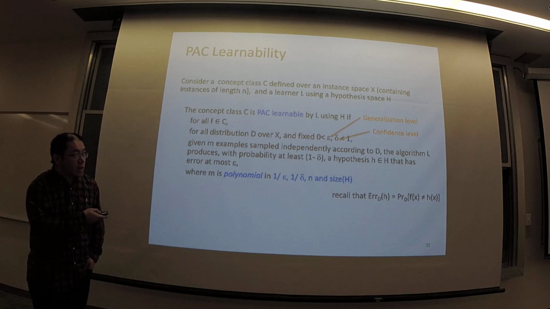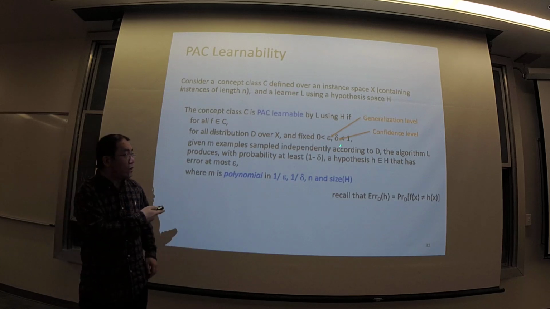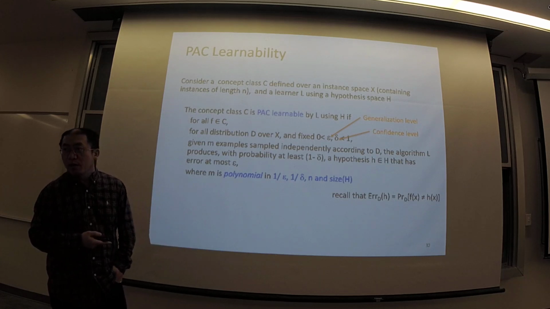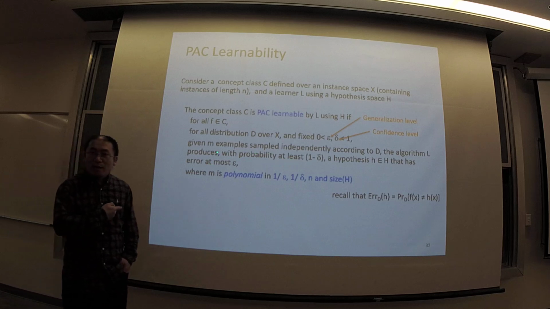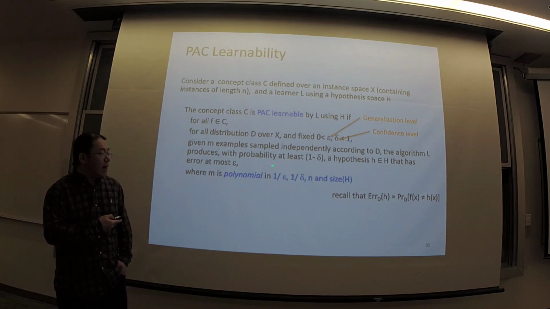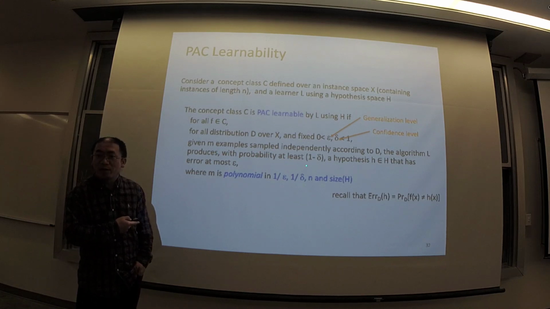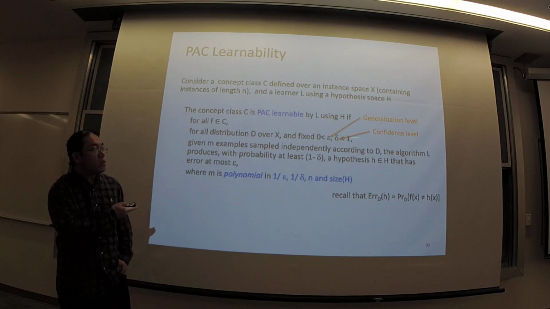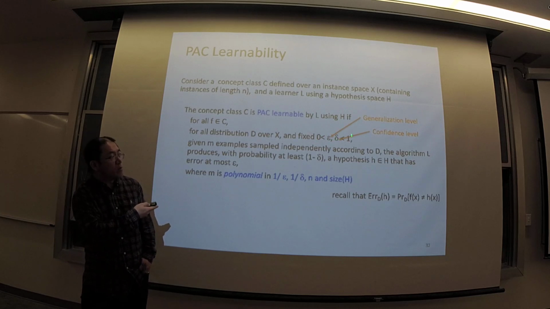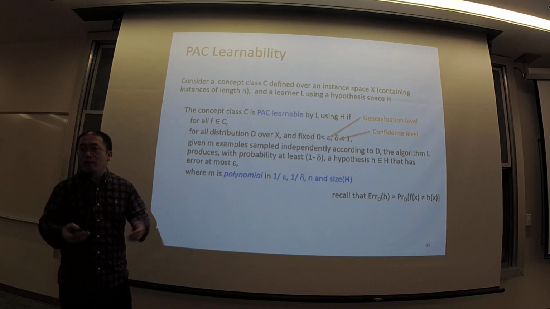Take a concrete example. If epsilon is 0.1 and delta is 0.1, what does it mean? It means my learner L has a chance of at least 90% to give you a classifier whose true error is at most 0.1. Of course, the smaller the epsilon and the smaller the delta, the better the performance.